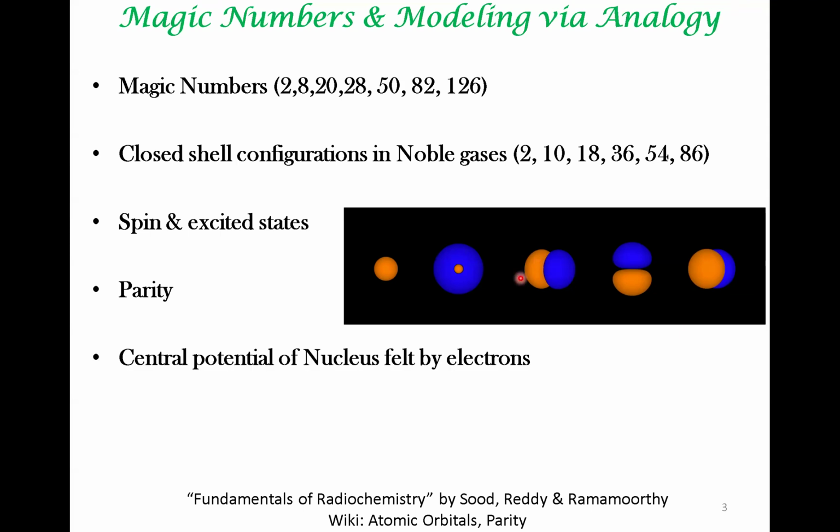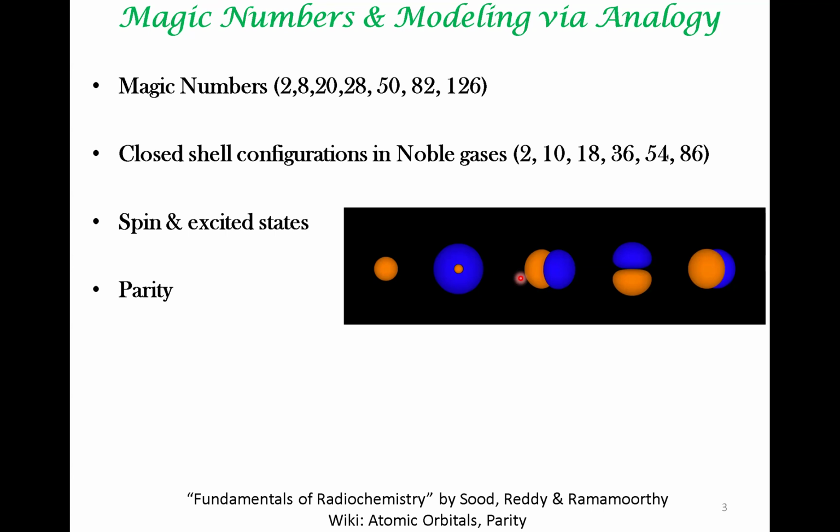These orbitals, by orbital, I mean the wave function for an electron. That is what is called atomic orbitals in the context of electronic structure. So orbital in general means the wave function for a single particle. That's what we mean by an orbital.